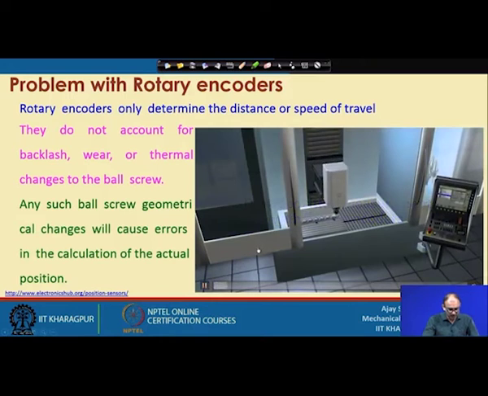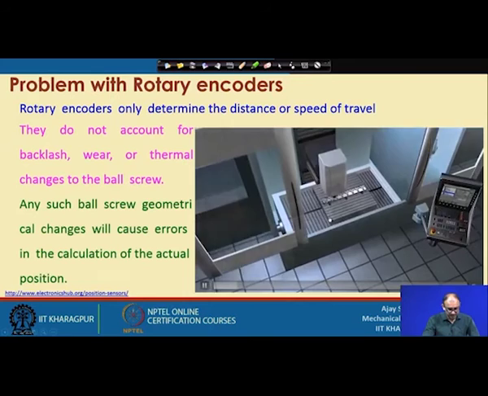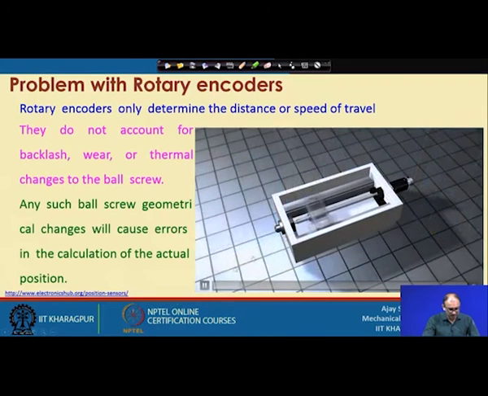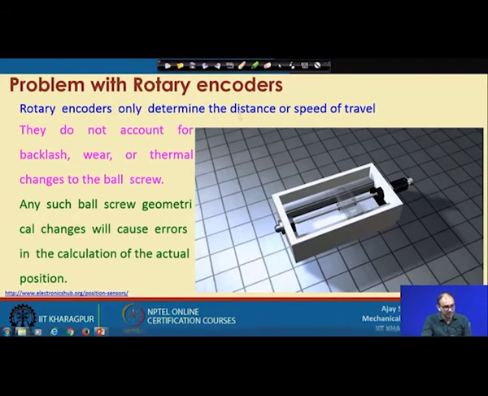Right. So, right now this is one of the operations. This is one drive, a recirculating ball screw kind of drive, and we are adding one rotary encoder at the end, because we have to mount the encoder at this location. This is the one full system, and the rotary encoder is attached at this location.